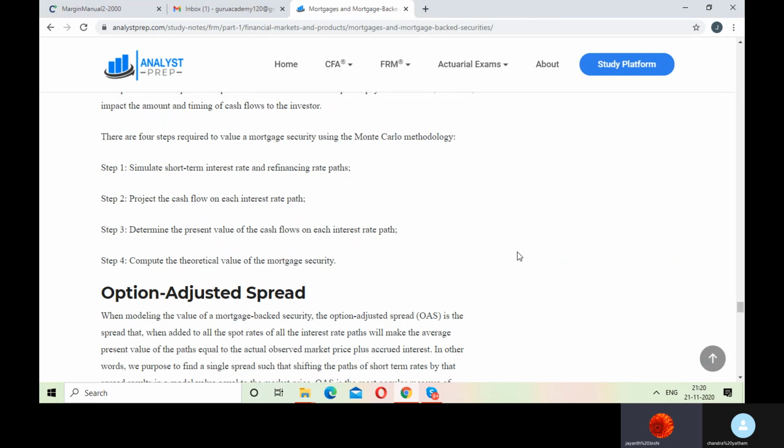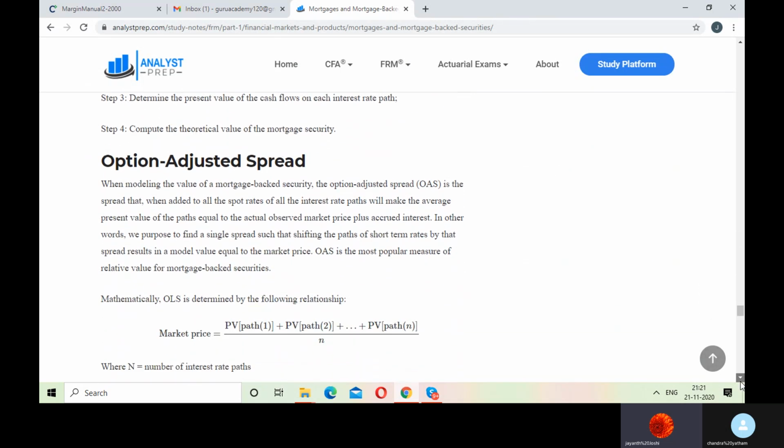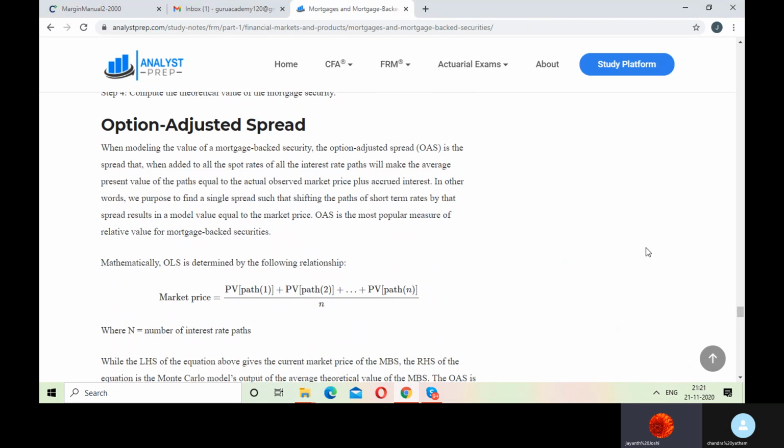Now, option adjusted spread, OAS. What is this OAS? When modeling the value of mortgage backed security, the option adjusted spread is the spread that when added to all the spot rates of all interest rate paths, will make the average present value of the paths equal to the actual observed market price plus accrued interest. So you will be making a lot of interest rate paths.